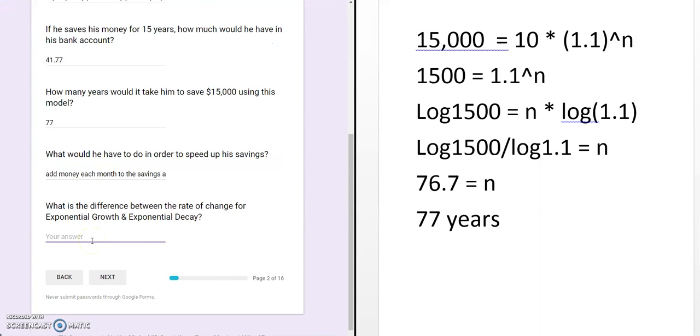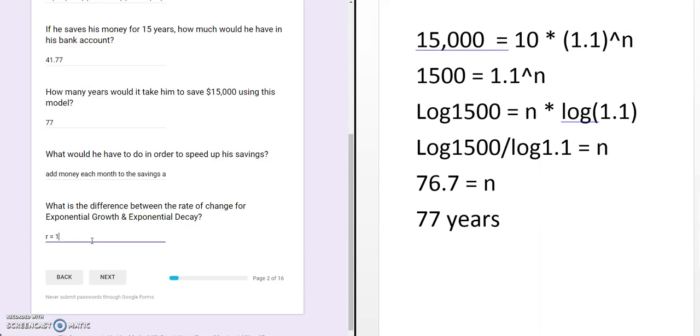The difference between the rate of change for exponential growth and exponential decay: the rate of change r equals 1 point something. So like if we're growing, in the previous example it's 1.1.